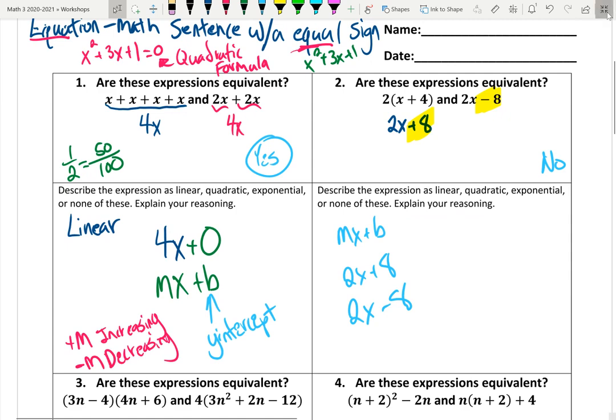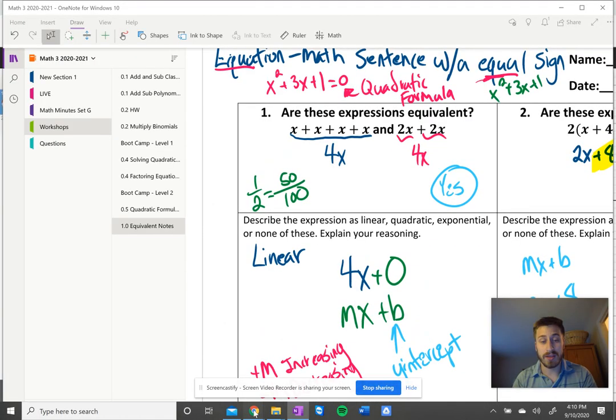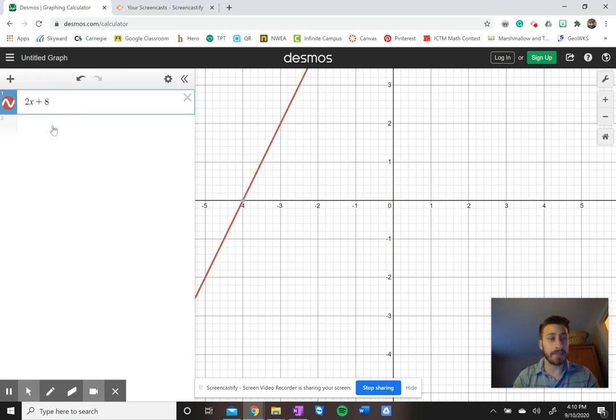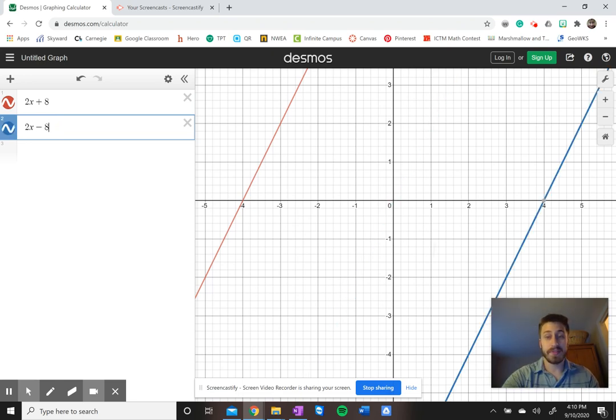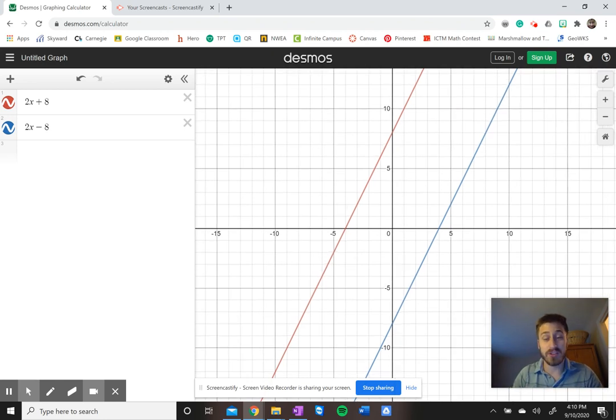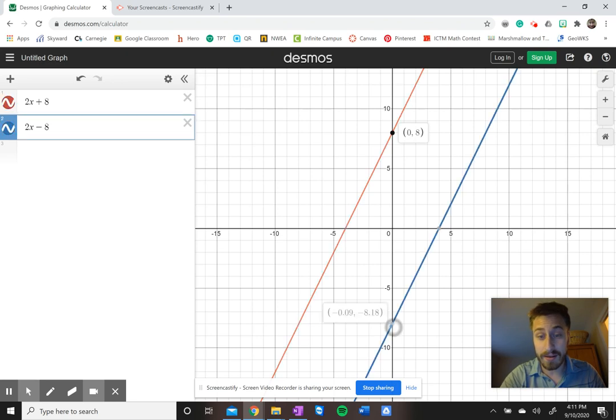If I were to go ahead and graph both of those, 2x plus 8, 2x minus 8, what difference visually does this change cause? The reason I like Desmos is if I click on it, it instantly tells you what the intercept is. (0, 8), (0, -8).